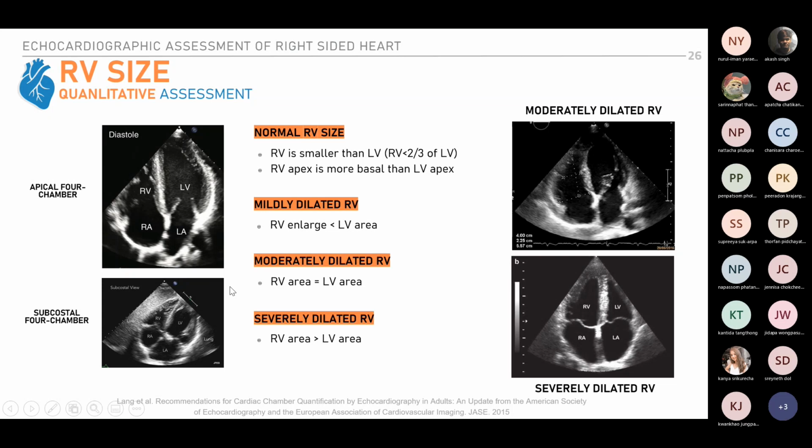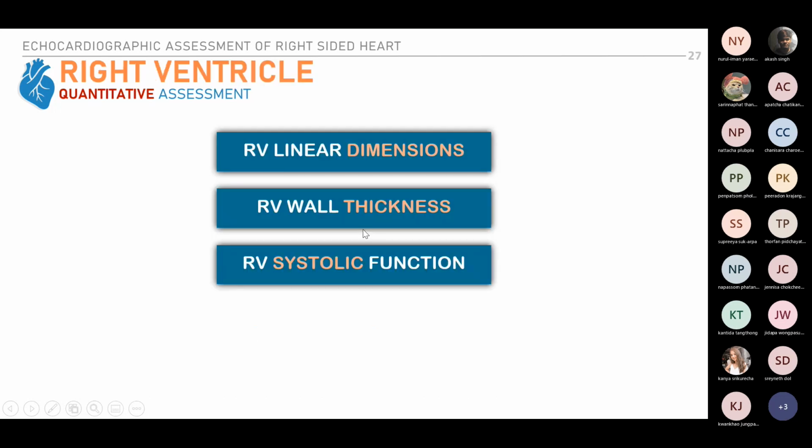Moderate RV dilatation is defined as RV size equal to LV size. Severely dilated RV is defined as RV size larger than LV size. And this is the visual assessment of the RV.